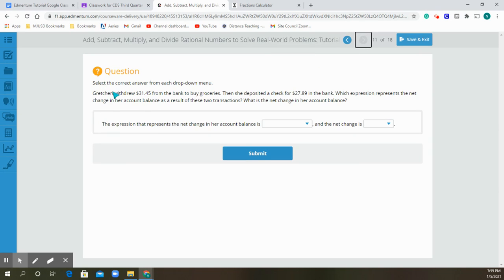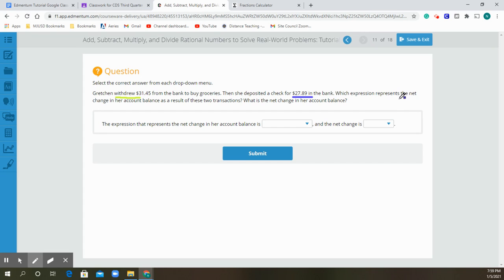All right. Select the correct answer from the drop-down menu. Gretchen withdrew, so we know that she is subtracting a value. So she subtracted $31.45 from the bank to buy groceries. Then she deposited a check. So deposited is a positive, it's addition.